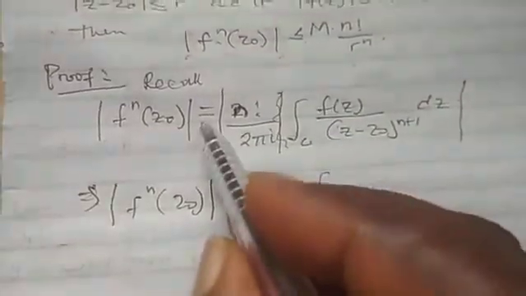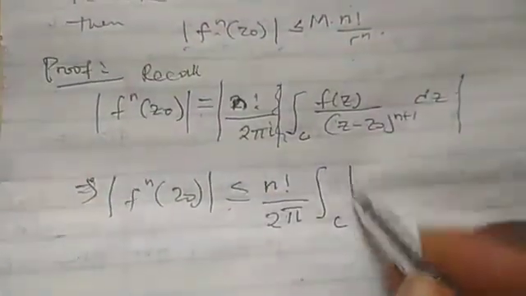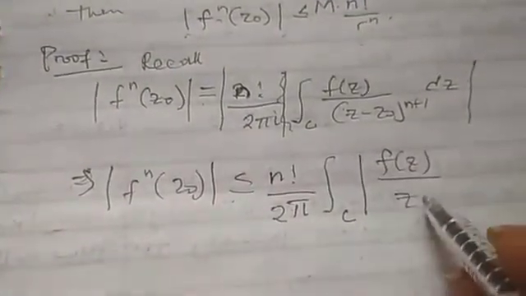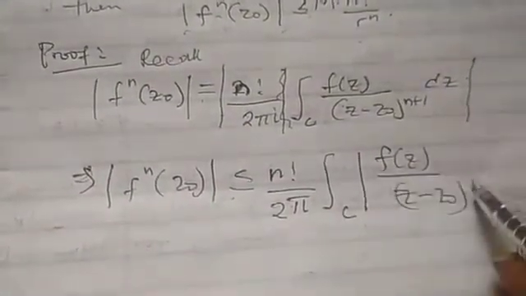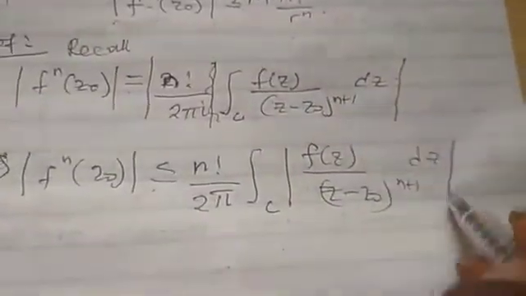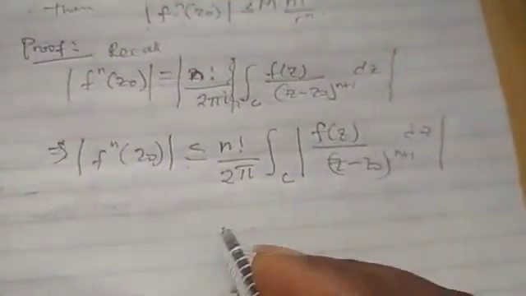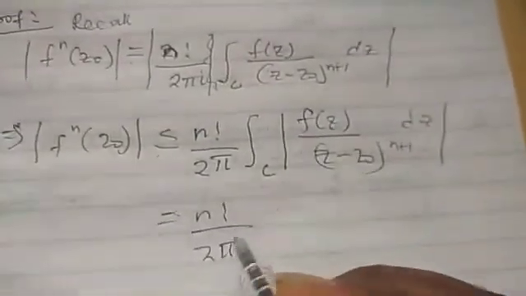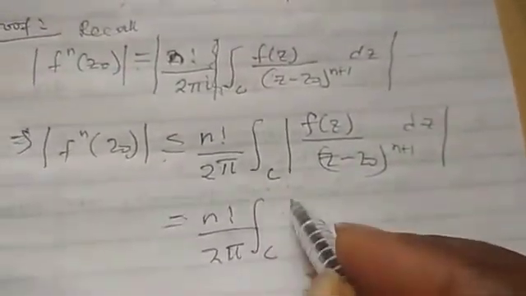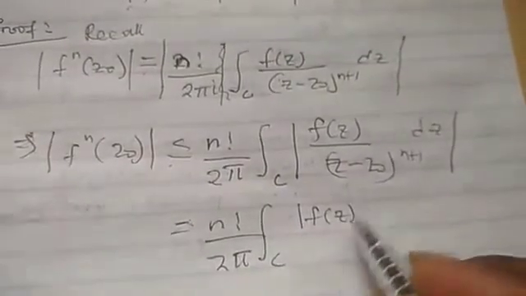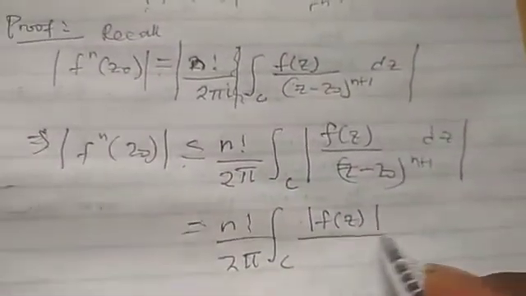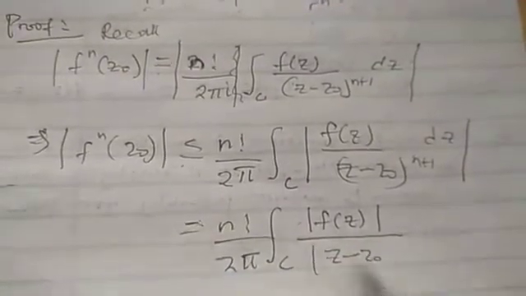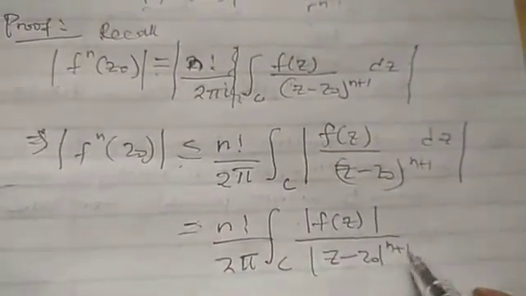It will be the absolute value of f of z over z minus z naught raised to power m plus 1 dz. Now, this will be equal to m factorial over 2 pi into the integral of absolute value of f of z over absolute value of z minus z naught raised to power m plus 1.